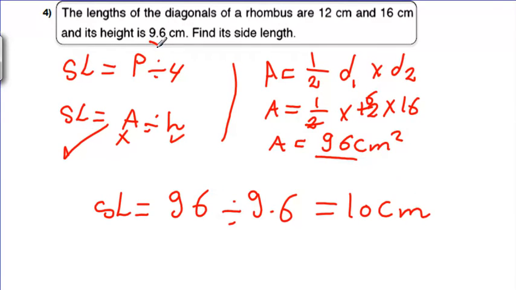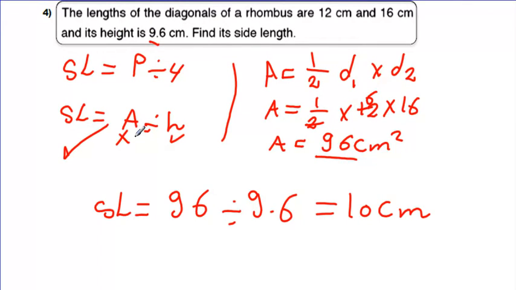Again, he gave me the two diagonals of a rhombus and the height and wants the side length. I have two rules for side length: side length equals perimeter divided by 4, or side length equals area divided by height. In here I didn't have the perimeter, so I will use area divided by height. Yes, I have the height, but I don't have the area.